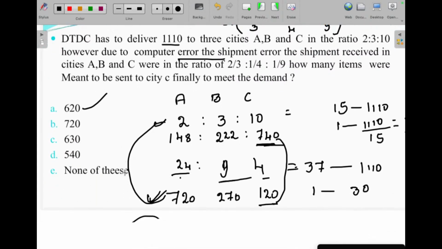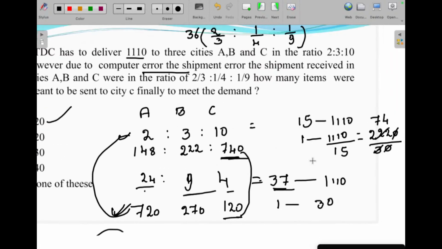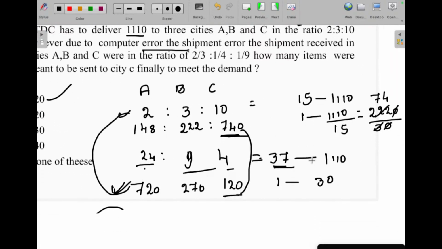37, what? Tell me. 37. Because if we add 24 plus 9 plus 4, we have to totally add, yes, total. If I add, that will be 37. Clear? Okay, write on this. Method 2 we will do, method 1 it is.